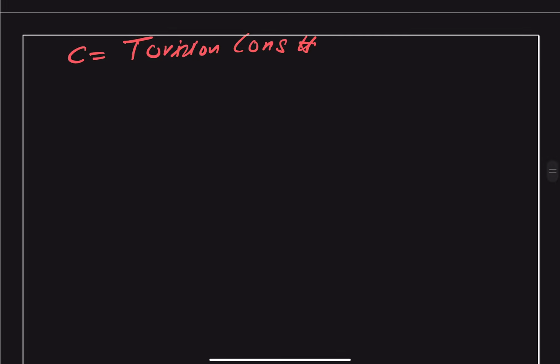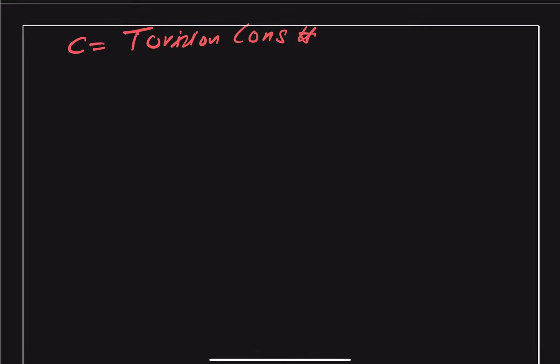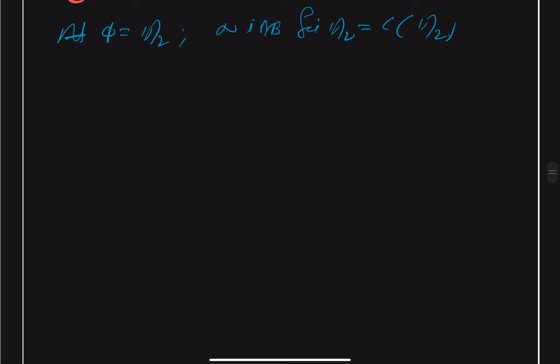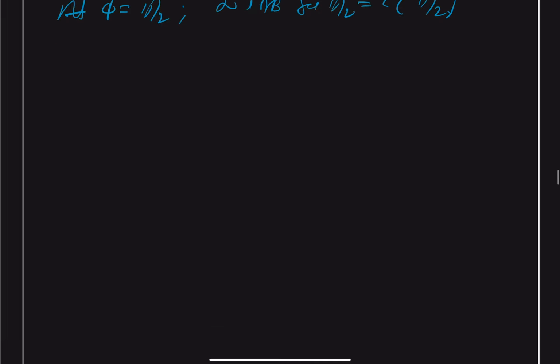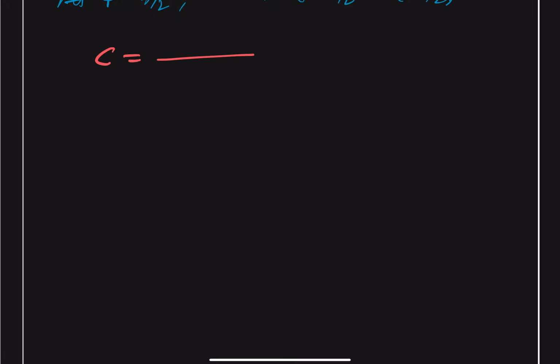And it says that at equilibrium, or basically we can say at phi is equal to pi by 2, we can write this NIAB sine of pi by 2 is equal to C pi by 2, and sine pi by 2 is 1. So we get C will be equal to 2NABI divided by pi.